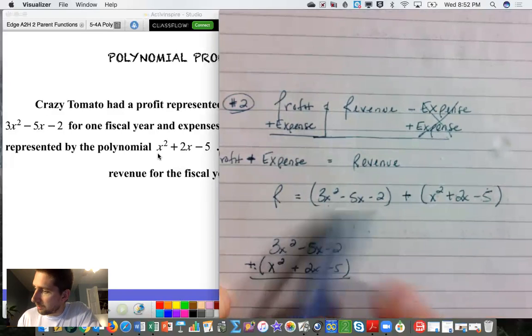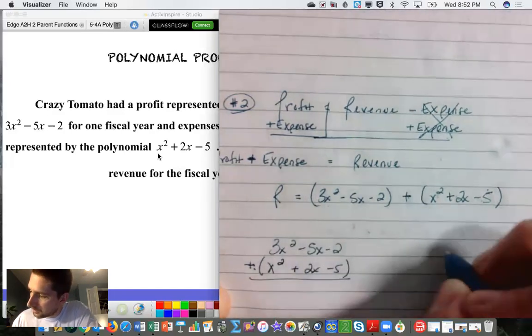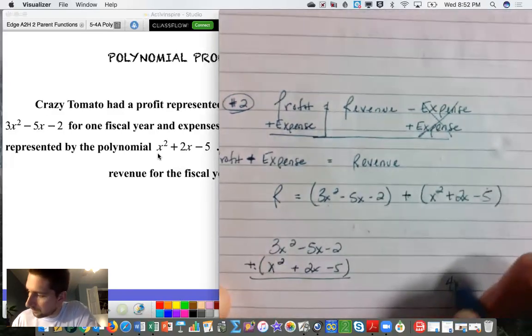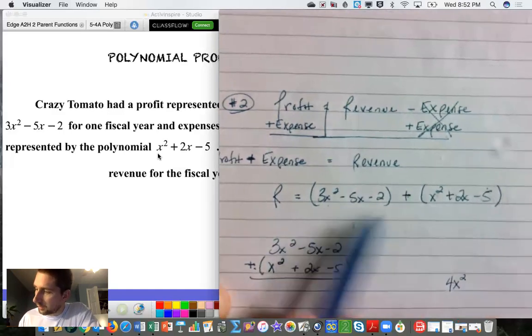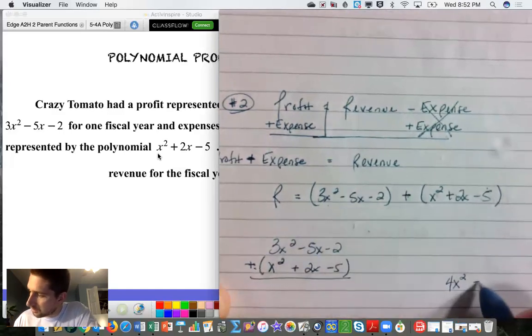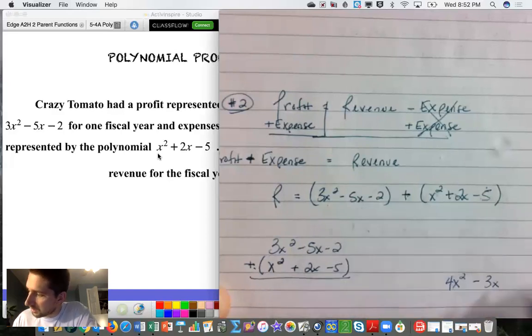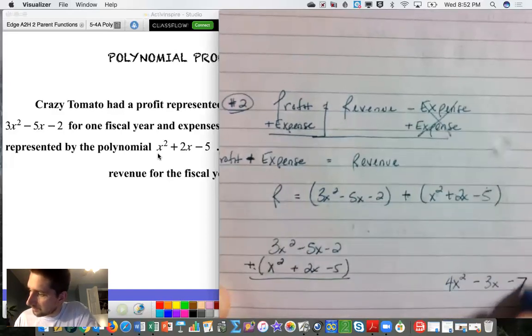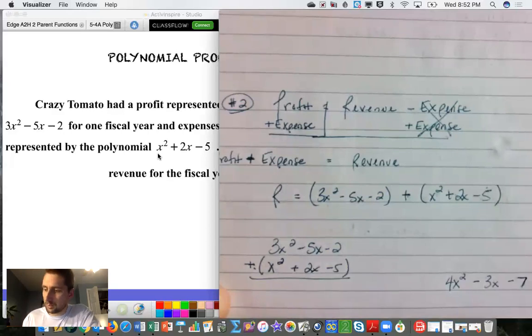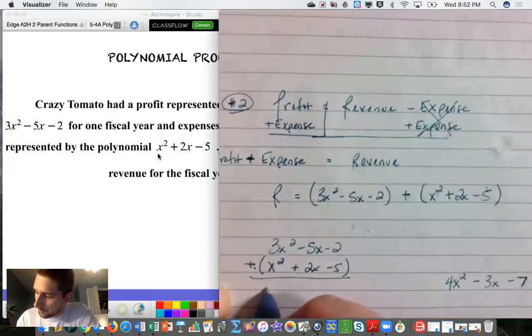3x squared plus 1x squared should give me a 4x squared. Negative 5 plus 2 should give me a negative 3x. A negative 2 plus a negative 5 should give me a negative 7. Down here vertically, 3 plus 1 gives you the 4x squared.